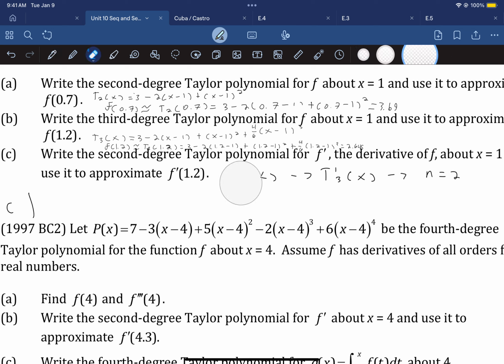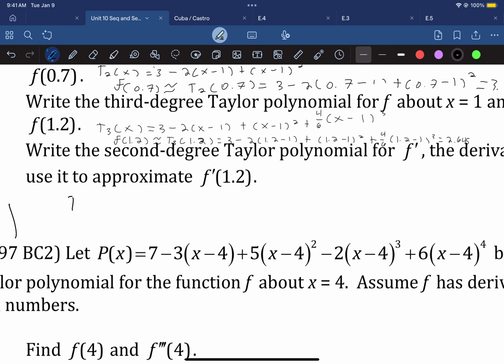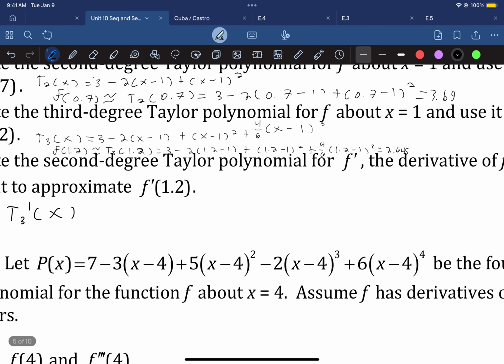So let's use our T3. Hopefully y'all can see this up here. I'm going to be using this to reference. So T prime of 3 is equal to, this cancels out. So then from there we have minus 2 times (x minus 1), so we take the derivative of that, which is just negative 2.